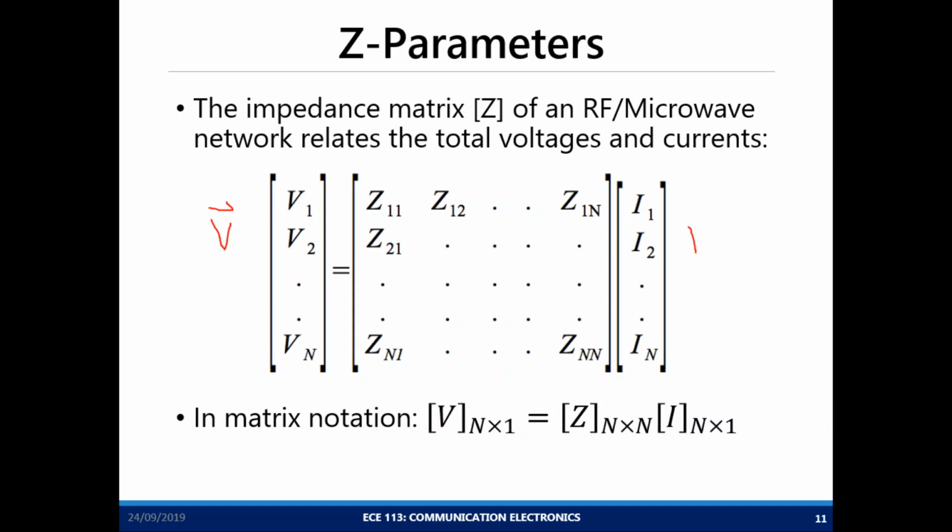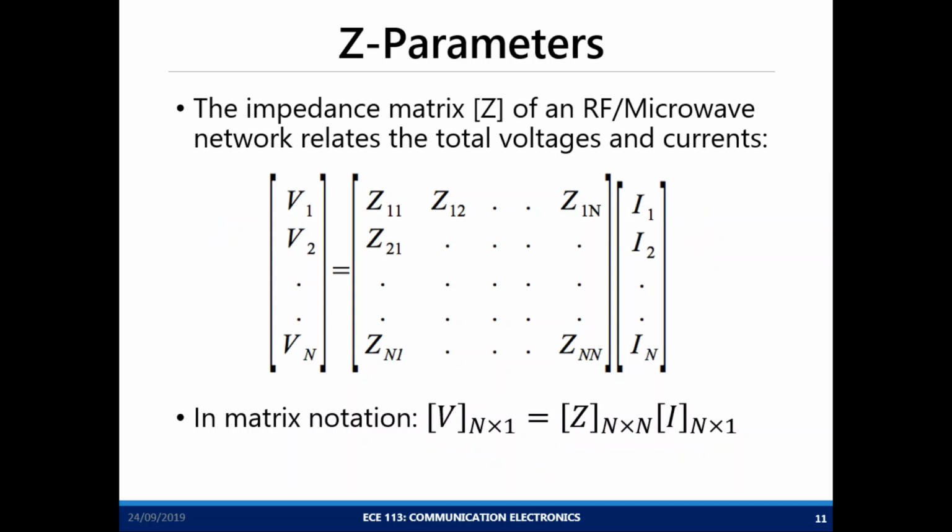Your current also becomes a column vector, and the parameter that is relating them is the Z matrix. So in effect, the voltage becomes Z times I, which is Ohm's law. This is Ohm's law in the general case when you have n ports.